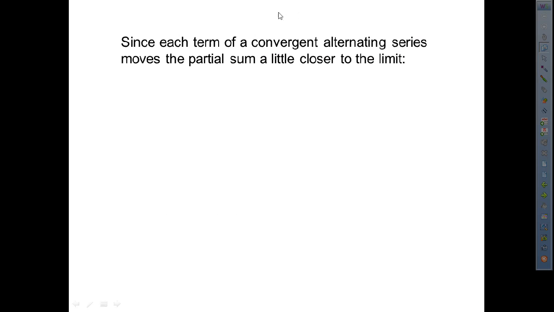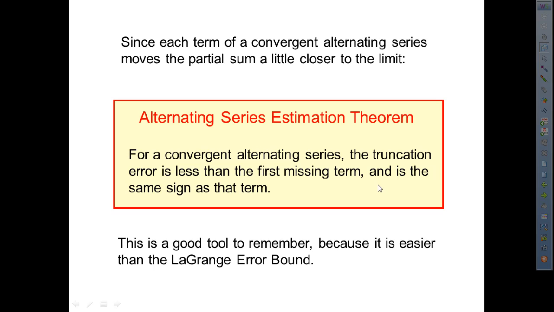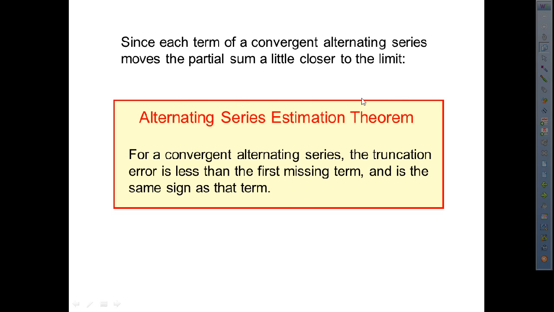Now, since each term of a convergent alternating series moves the partial sum a little closer to the limit, we have this theorem, the alternating series estimation theorem. For a convergent alternating series, the truncation error, in other words, the amount that you chop off if you start ignoring terms, is less than the first missing term and is the same sign as that term.